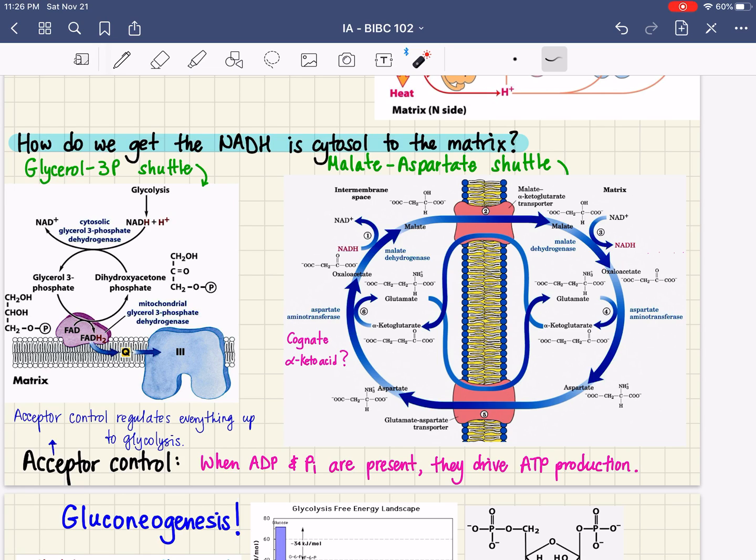ETC activity will decrease. Not a lot of NADH and FADH2 will be used up in the ETC, right? So NADH and FADH2 will accumulate. That will back up the Krebs cycle. And then if the Krebs cycle is down, then the accumulation of acetyl-CoA will make the glycolysis pathway backed up. And so there will be an accumulation of glucose.